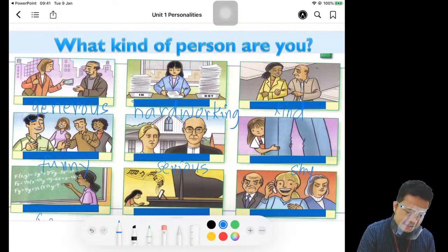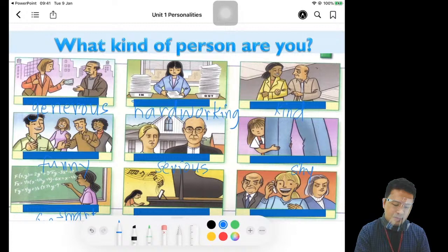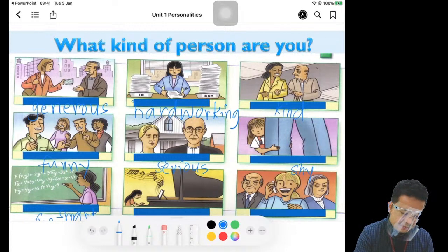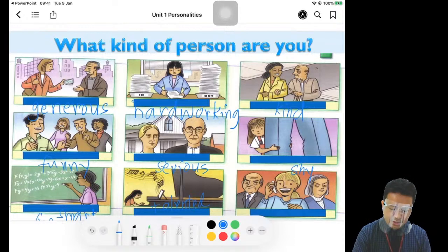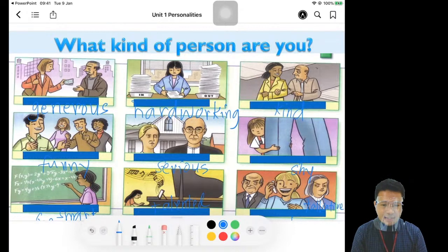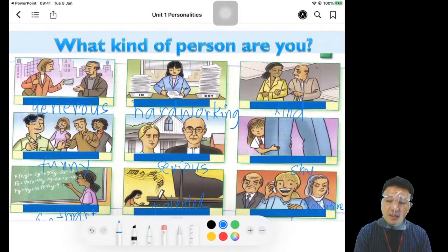As you can see, this is a teacher teaching the students or teaching in the classroom. The other one is talented. And the last one you have here, talkative. So these are the different personalities of a person that you need to learn. For example, generous, hardworking, kind, funny, serious, shy, smart, talented, and talkative.